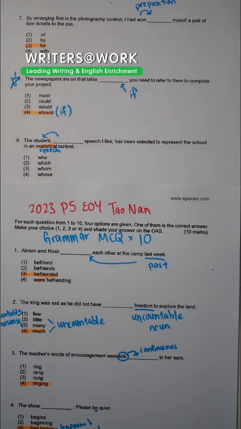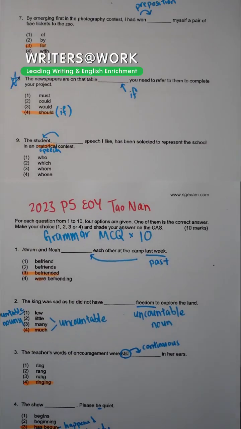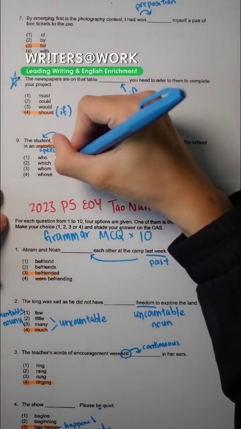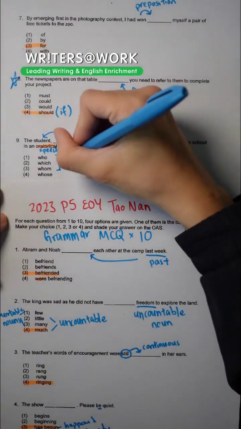All these pronouns are used regularly in our everyday speech, but are we using them correctly? Okay, let me go through each of them. Who, which, and whom are under a group called relative pronouns.